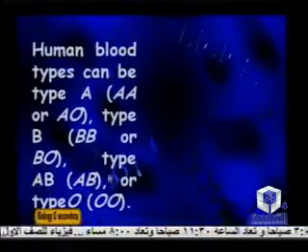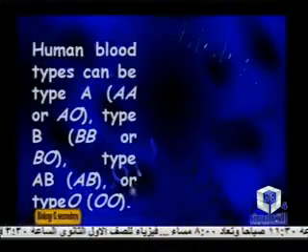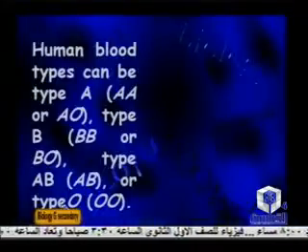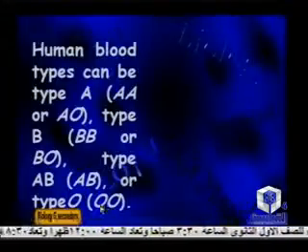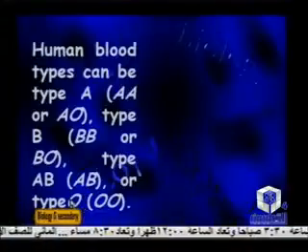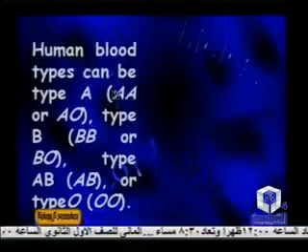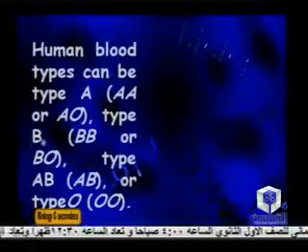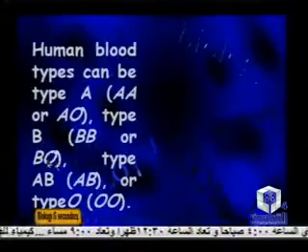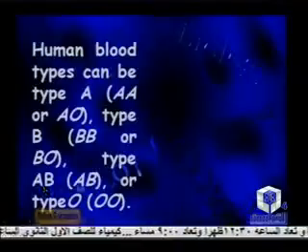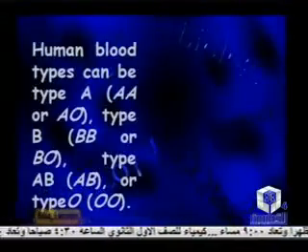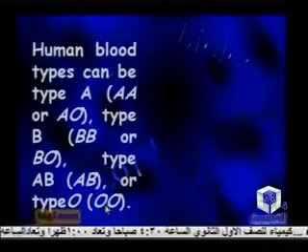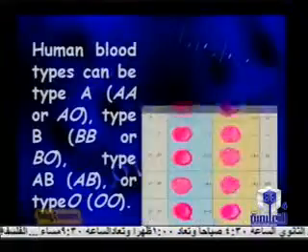Blood type AB is AB only, and blood type O is OO only. So blood type A has genotype AA or AO, blood type B has BB or BO, blood type AB is AB, and blood type O is OO.